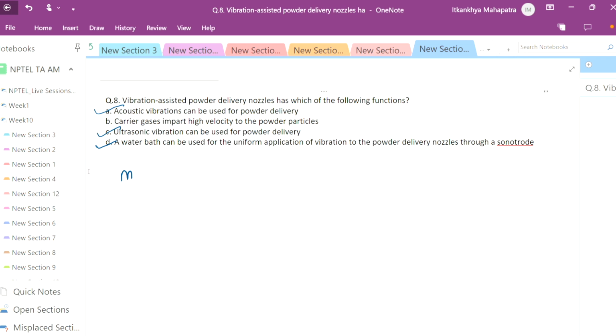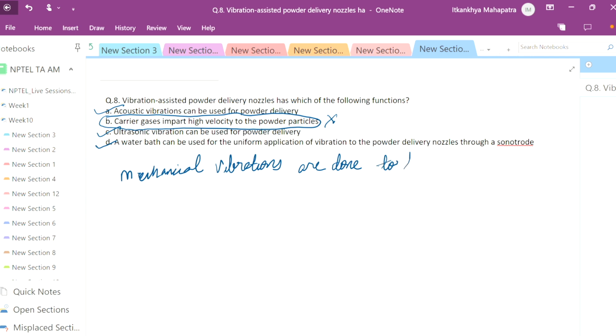Carrier gases are not used here, only vibration. This is the odd one out. Here we use mechanical vibrations to transport granular material.